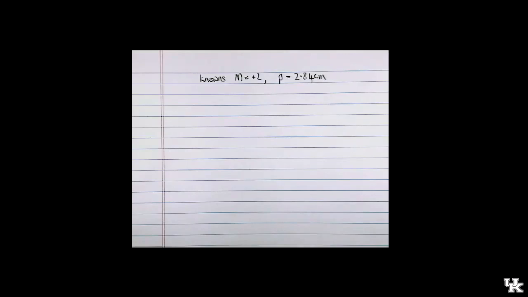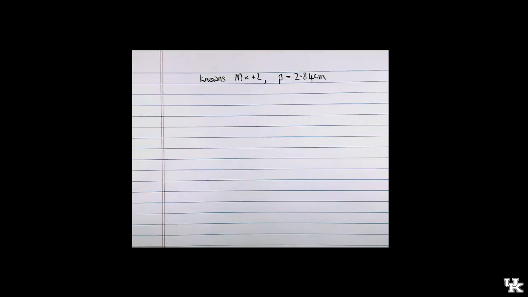The plus for the magnification is telling us that the image is upright. The plus for the object position is saying that the object was located on the front side of the lens. So the signs tell us something as well as the sizes do.